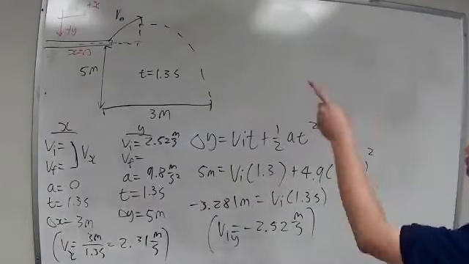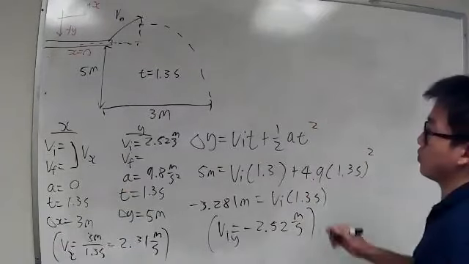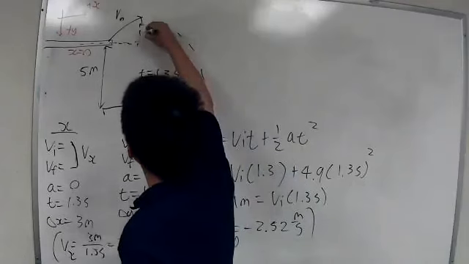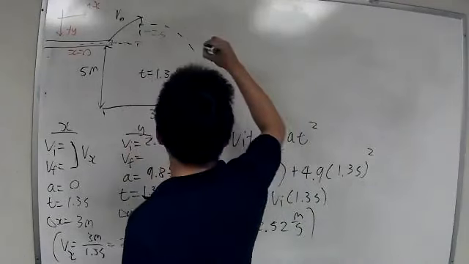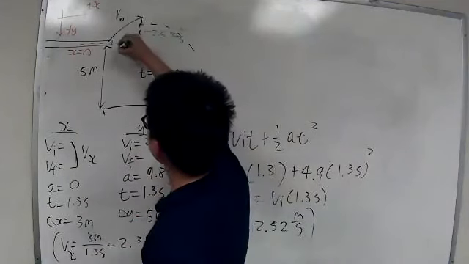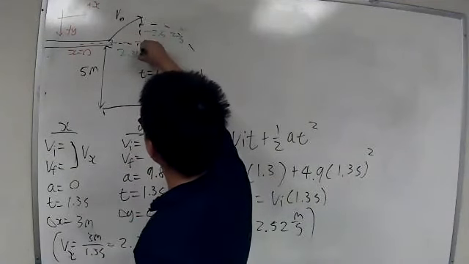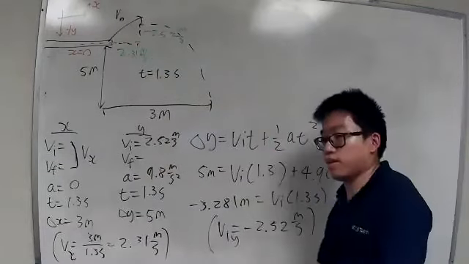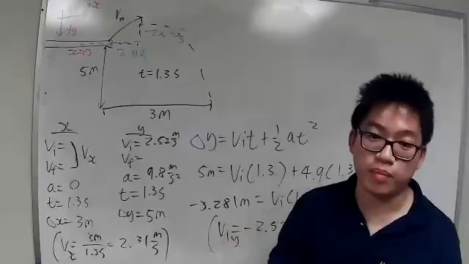Now we can find that thing, right? Let me write those components in. This is negative 2.52 and 2.31.